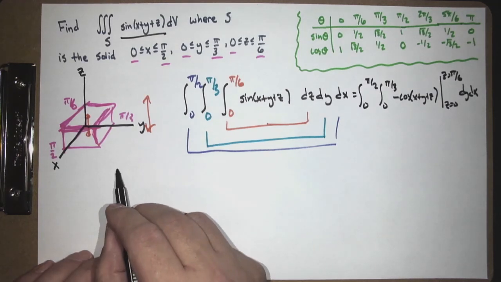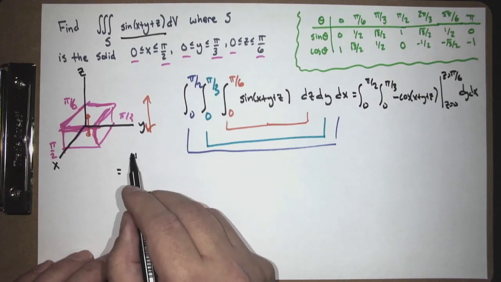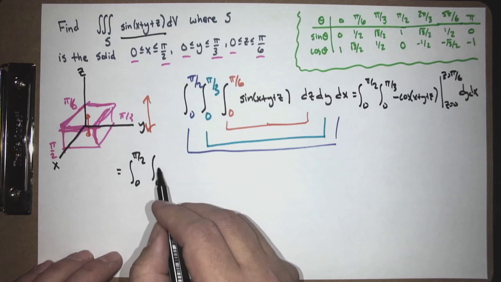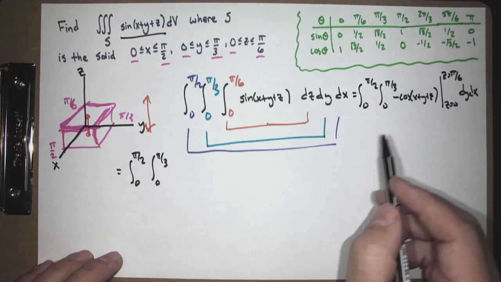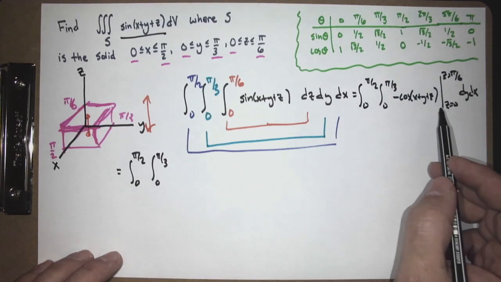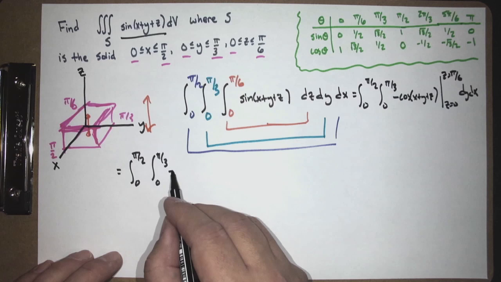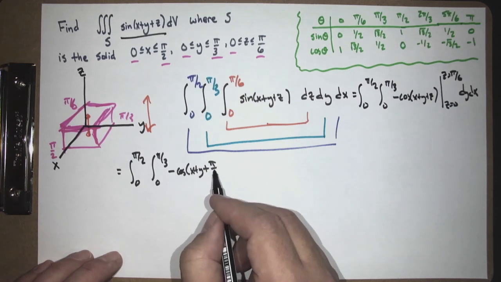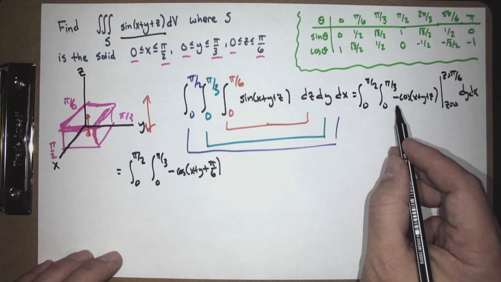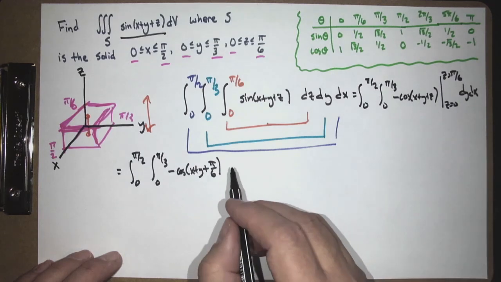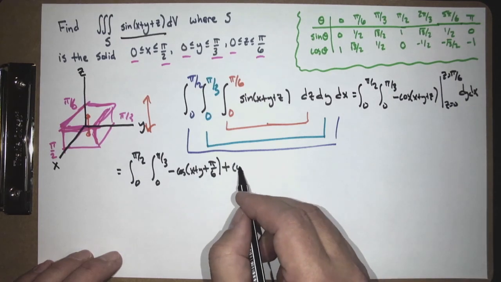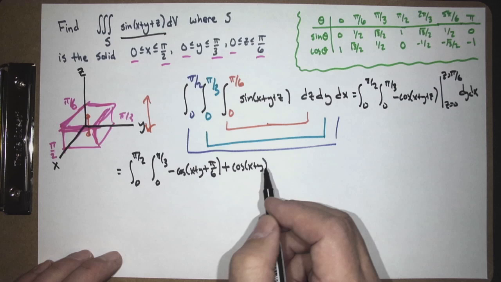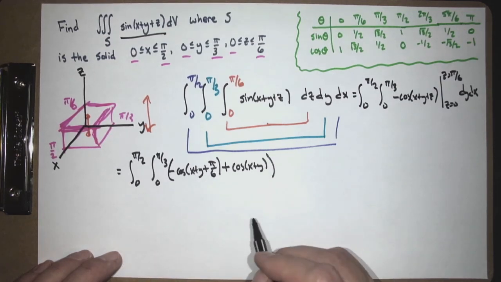Plug in z equals pi over 6, so minus cosine of x plus y plus pi over 6. Subtract, plug in 0. So minus and minus makes a plus, cosine x plus y. All right, so there's our first layer.